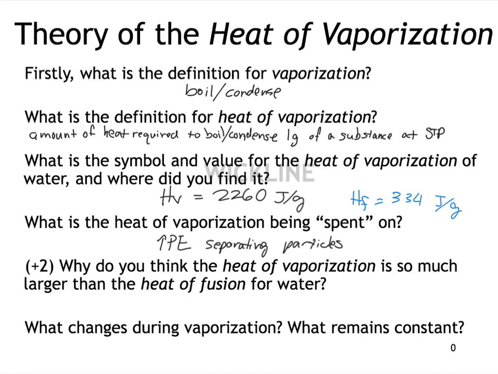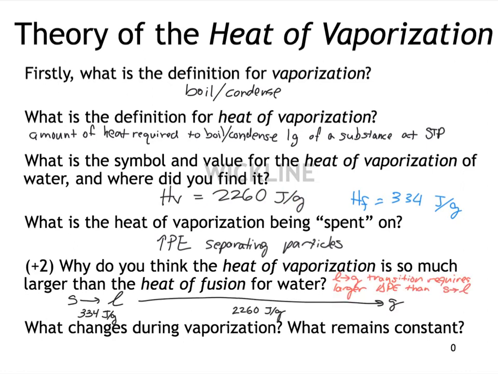It's much, much, much larger. The reason why it's so much larger is because of this idea, that increase in potential energy is separating particles. When you separate particles from a solid to a liquid, you're separating them just a little bit, so it only requires this much energy. But when you separate particles from liquid to a gas, you're separating them an enormous amount, an almost infinite distance, and therefore the amount of energy required to do that is going to be significantly larger.